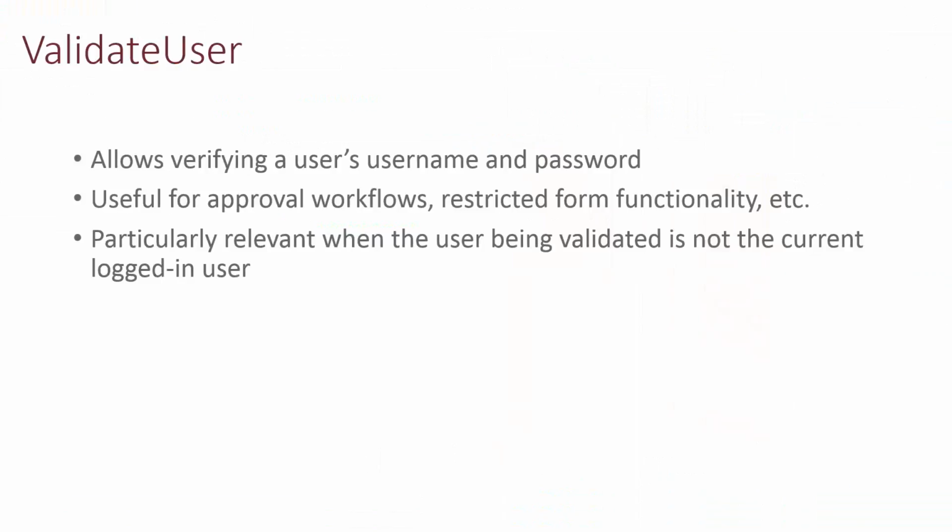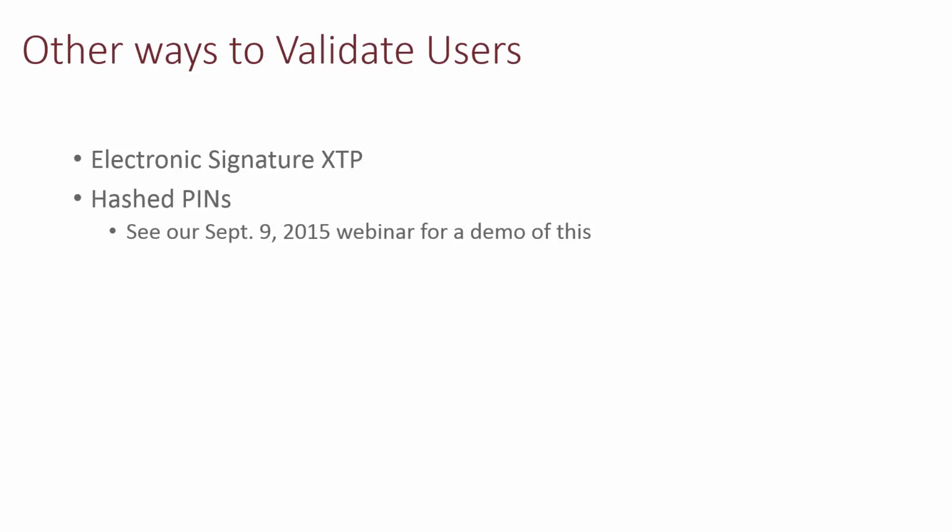Now, there are ways to validate users without using full trust or qRules. We provide an electronic signature XTP, which is something you set up on SharePoint and basically allows people to store a PIN number ahead of time and use that to indicate that they are indeed the person they say they are.